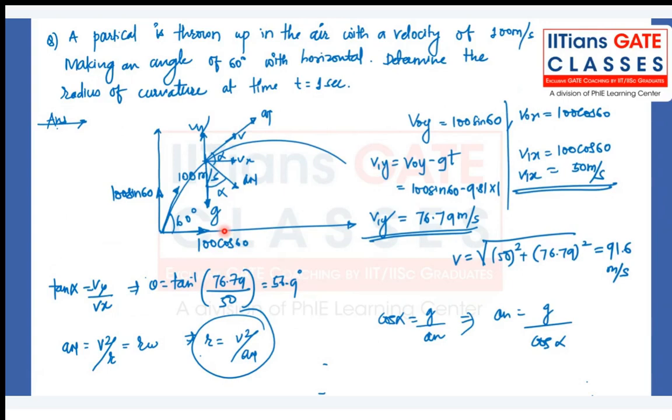Just one correction here. Can you tell me whether this AT value, or AT direction, is correct or not? What is AT? AT is generated because of change in magnitude of the velocity.